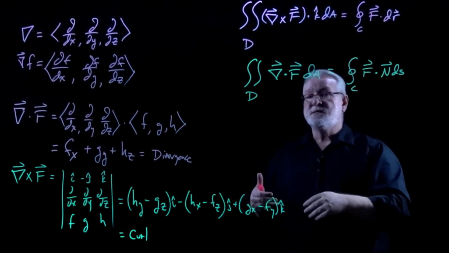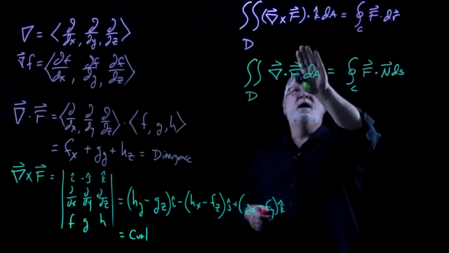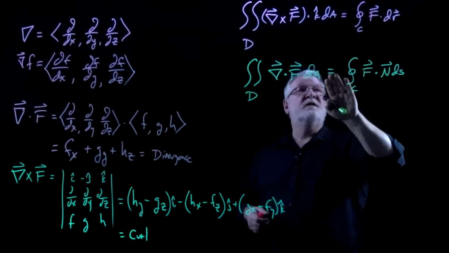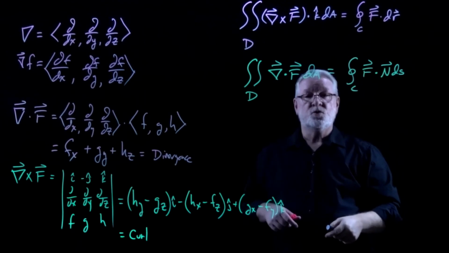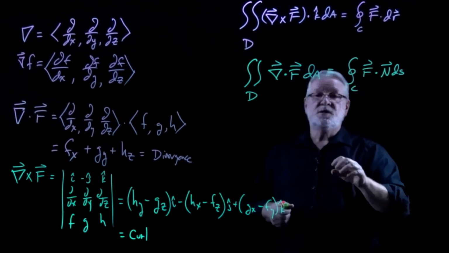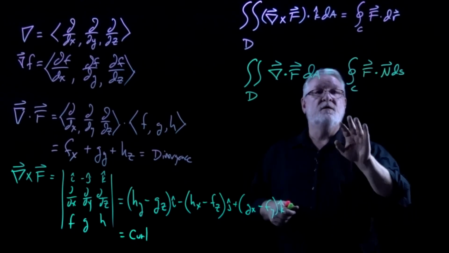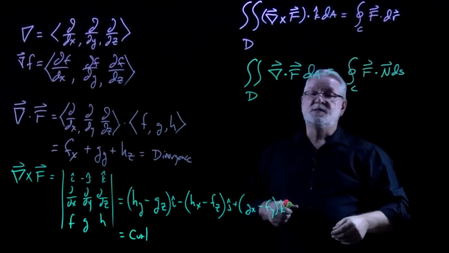And just like Green's theorem, these allow us to take divergence and curl and evaluate them on the boundary as opposed to evaluating them throughout the area. View these as extensions of Green's theorem. And for most of these problems, we're not really provided with the specific integral.